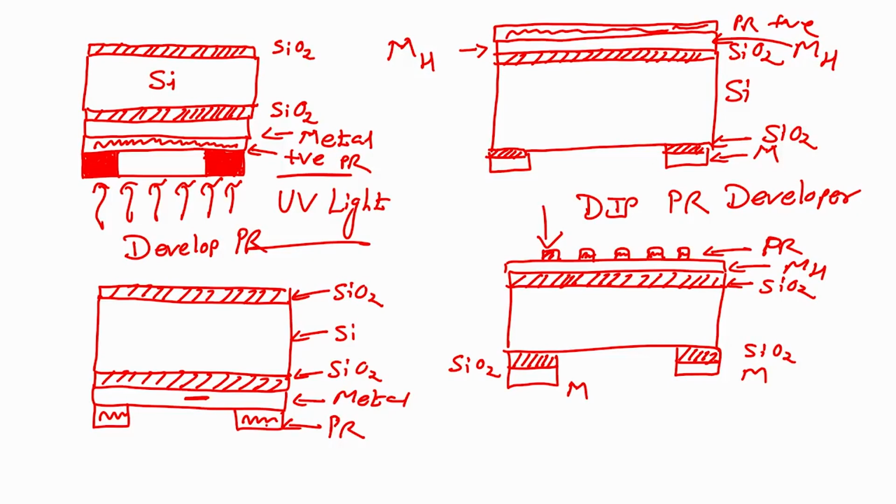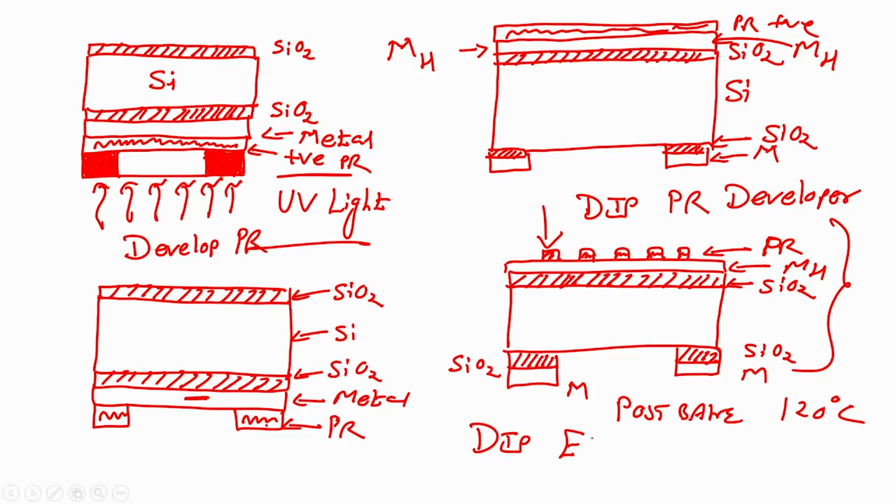Now I will post bake the wafer, post bake is done at 120 degrees, and then I will dip this wafer in the etchant for the metal that is used for the heater.